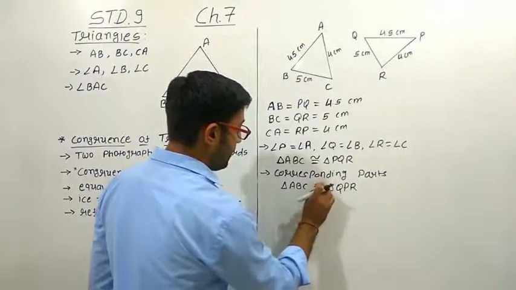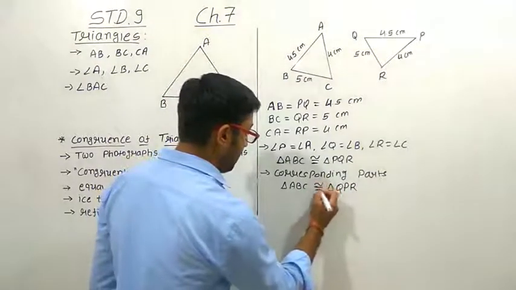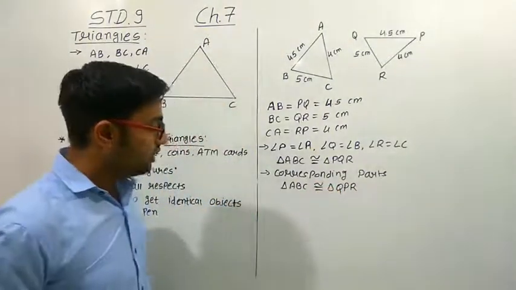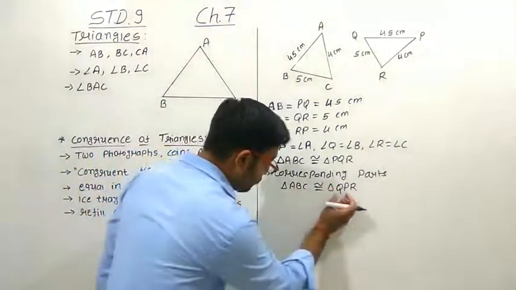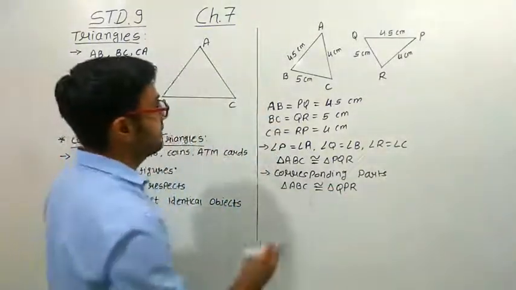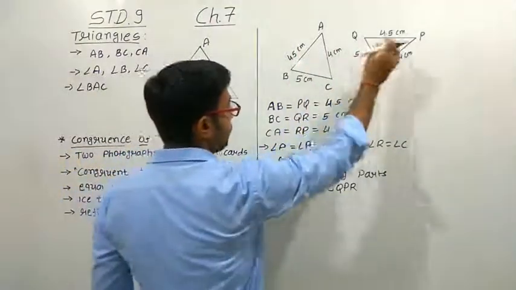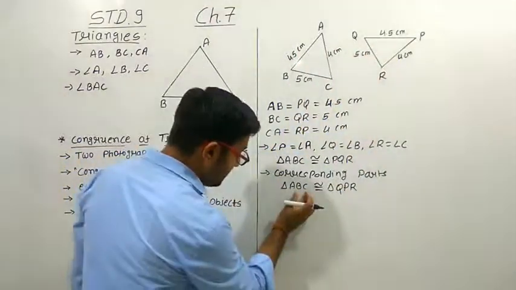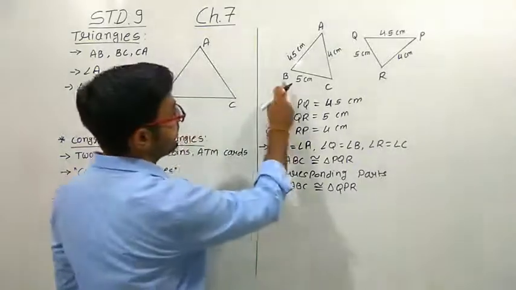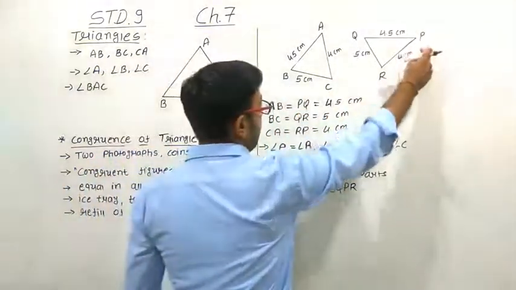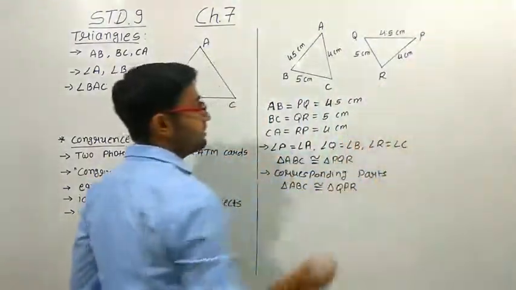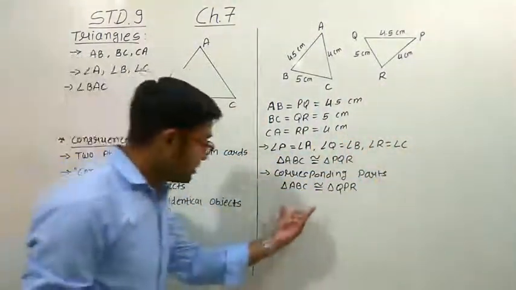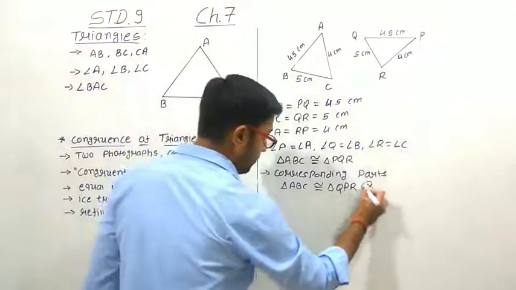If we write it this way, this means AB side is equal to QP side, which is true, but BC side and PR side are not equal, because BC is 5 centimeter but PR is 4 centimeter. So we cannot write it this way.